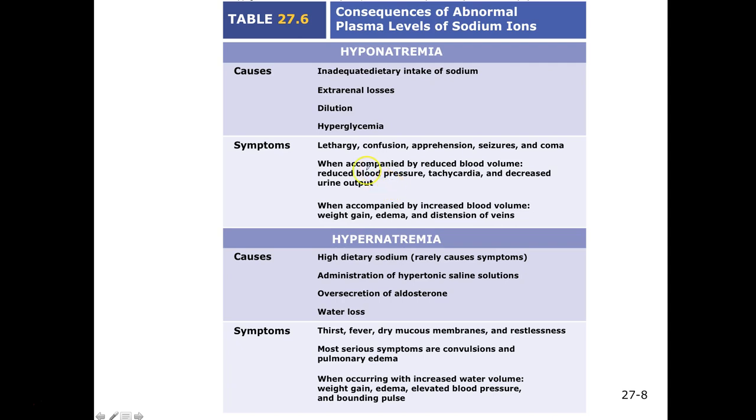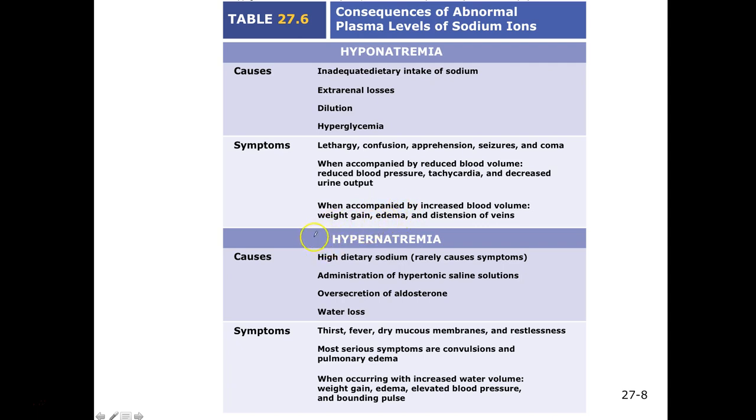And so we are going to see that we have decreased urine output because we're trying to keep in that water. And then when accompanied with increased blood volume, we can have weight gain, edema, and distension of veins. So it's kind of pulling the water and salt back into your body and maybe into the tissues, and that's how you're going to get your edema there.